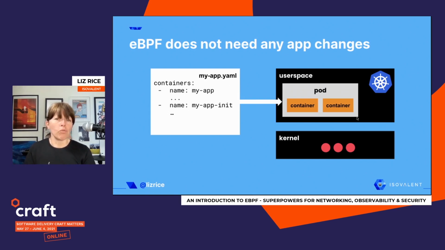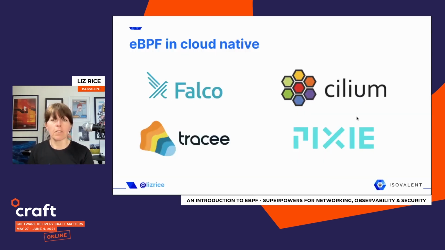These superpowers are already being used by several different applications and projects across the cloud native space. I've already talked a bit about Cilium as a networking tool that takes advantage of eBPF. You might have come across Falco, which is a security tool that uses eBPF to observe events that are suspicious in some way, that match a signature of something that you wouldn't expect to happen under normal circumstances.